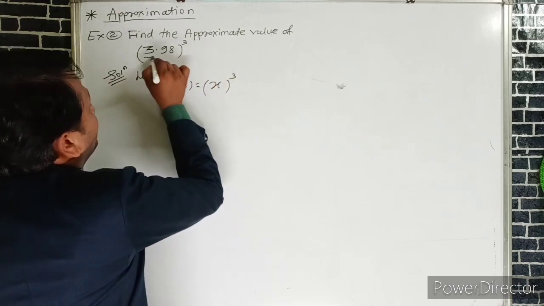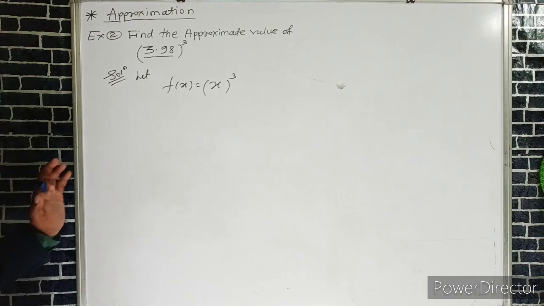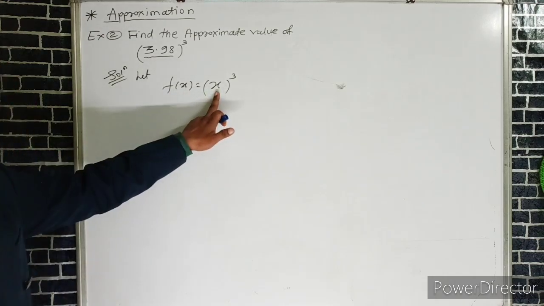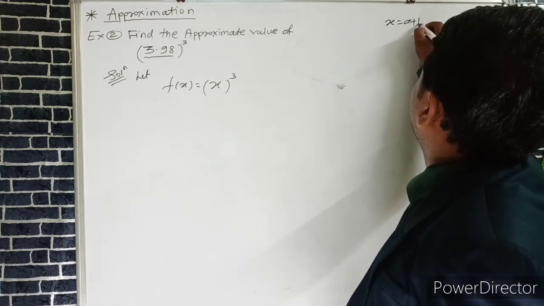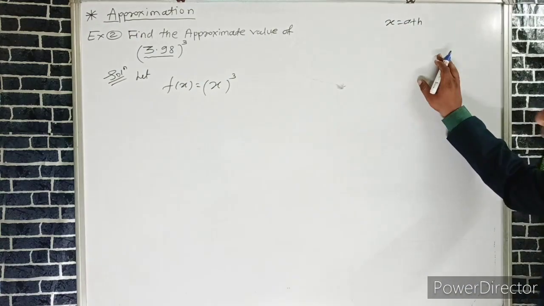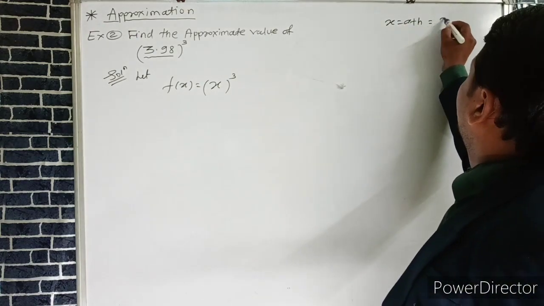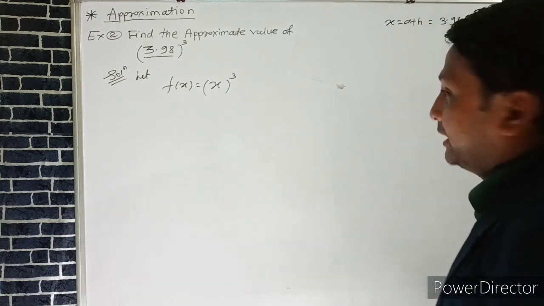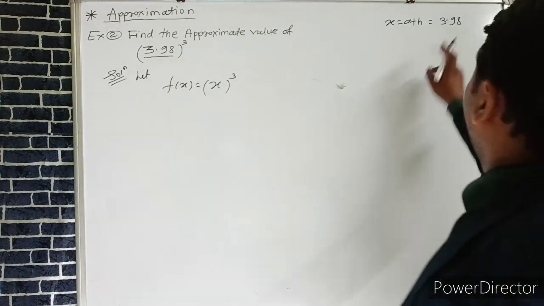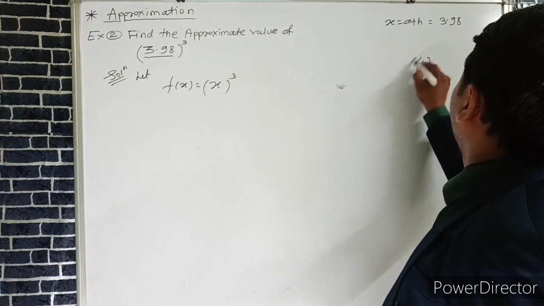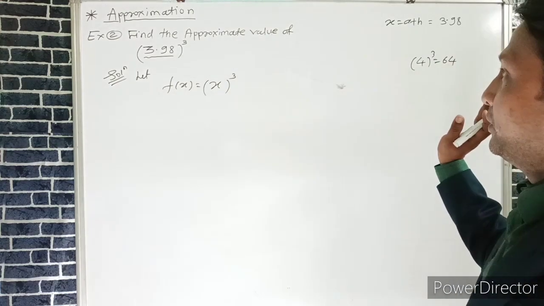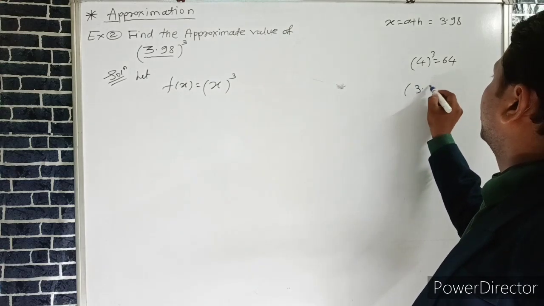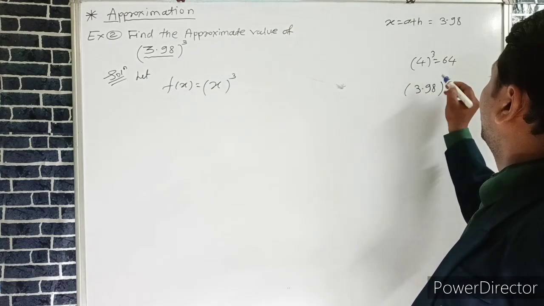It means the value 3.98 we consider as x, and we know that x is equal to a plus h, and the value of a plus h is equal to 3.98. It is possible to find the value of 4 cube, which is 64, but here it is difficult to find the value of 3.98 whole bracket cube.